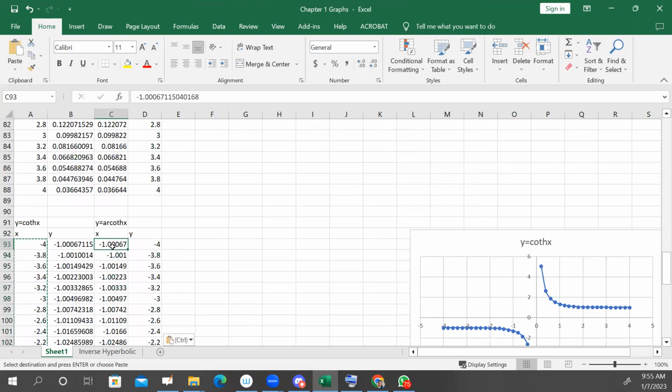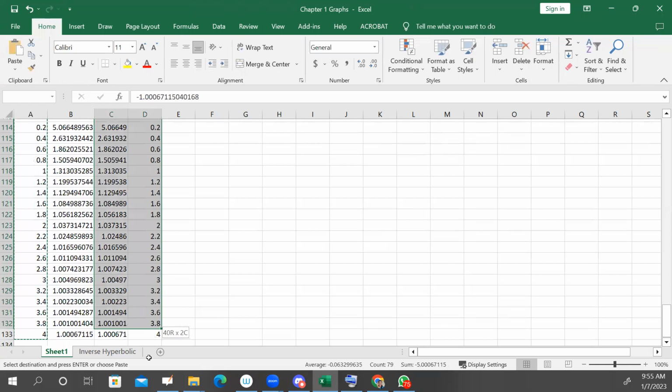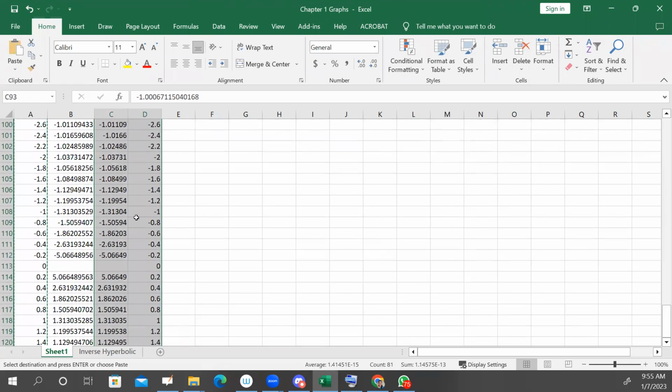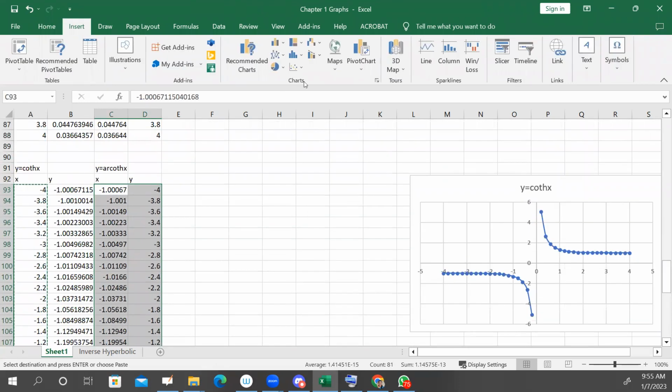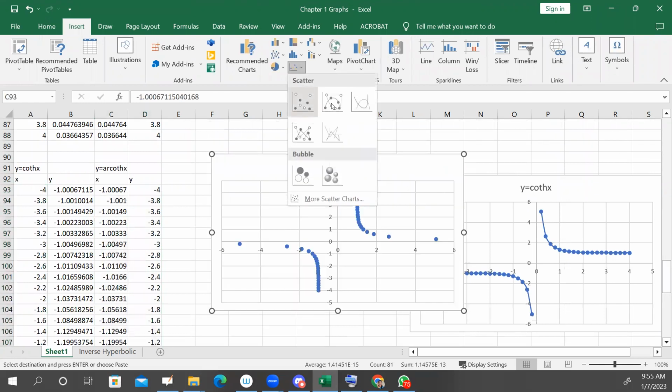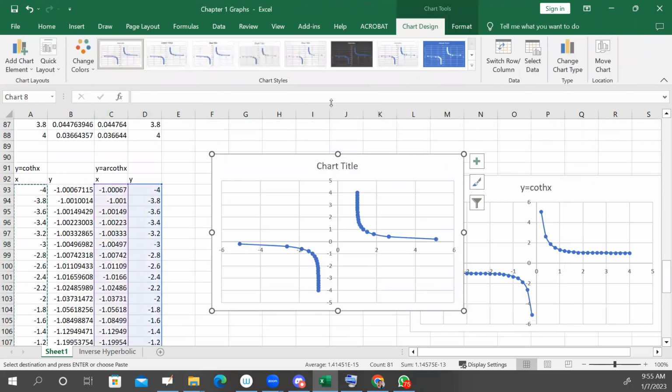Let's draw the R cortex graph and see how it looks when you exchange x and y. Right, guys, I hope you can see what's happening now. Can you all see what's going on here?